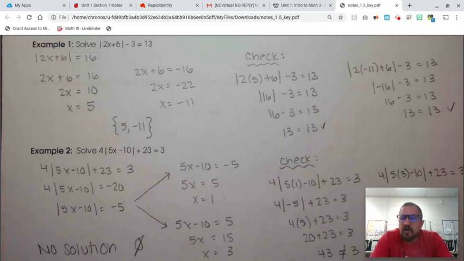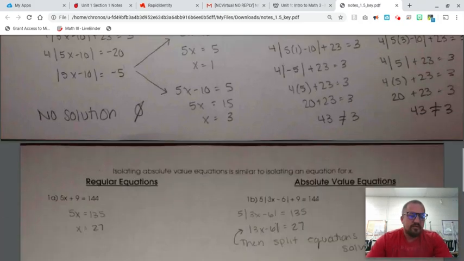So that means automatically there is no solution. Now, if you actually went and worked it out, you would get two answers, but those answers are incorrect. So just know, if you've started the problem and you isolate absolute value, you get it by itself, and you have the absolute value equal to a negative number, then you have no solution.